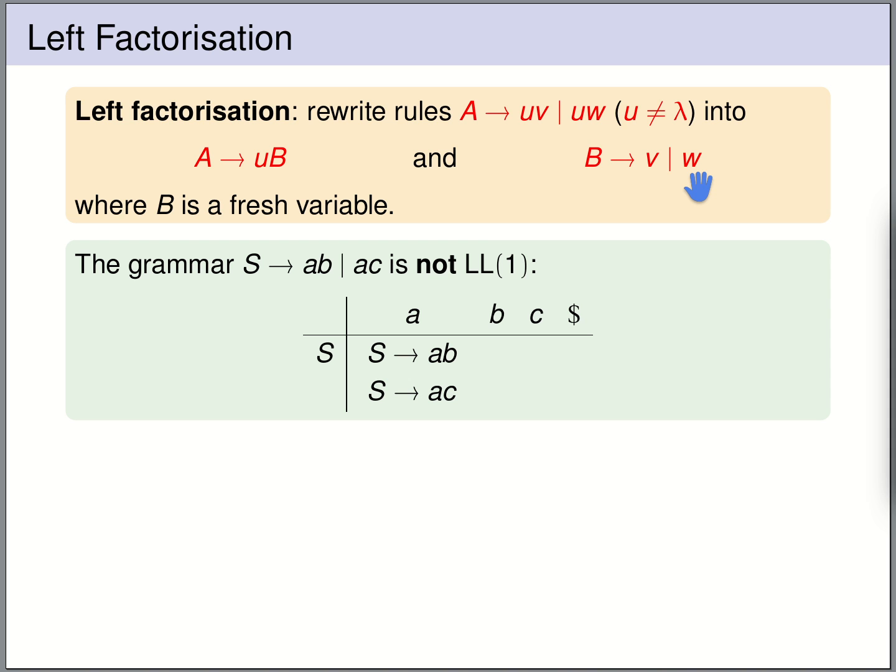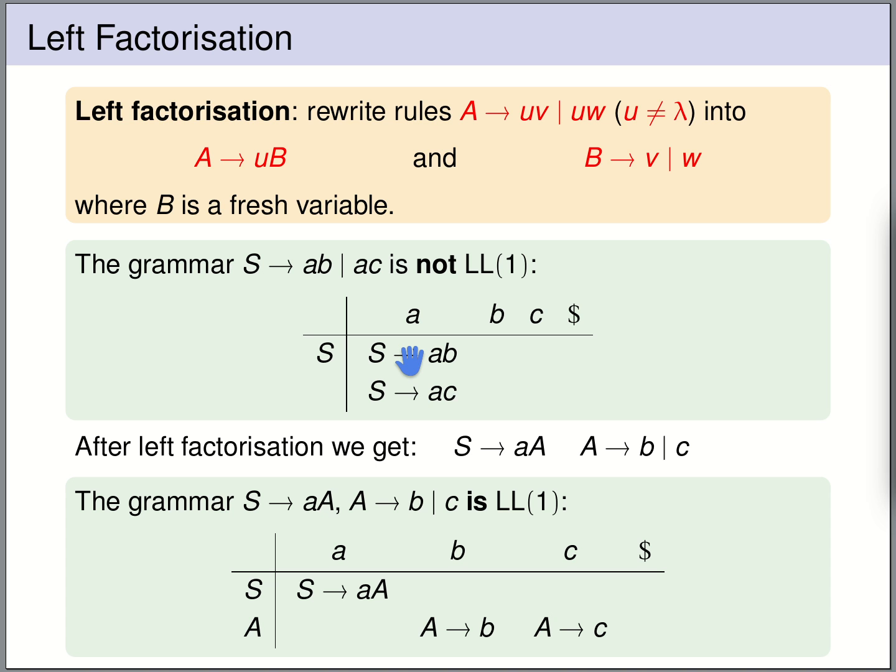So let's have a look at an example. Here we have such a grammar. So we have S rewrites to a B or to a C. This grammar is not LL1 because we have two rules in one cell of the parser table. However, if we apply left factorization here, then we can split these rules.